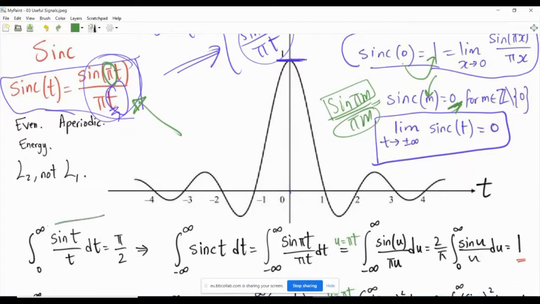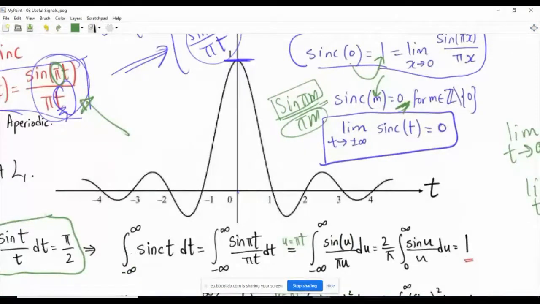You proved in problem 4a in homework 2 this result. To integrate the sinc from -infinity to infinity, note that the sinc is an even function, so its integral from -infinity to infinity is double its integral from 0 to infinity.